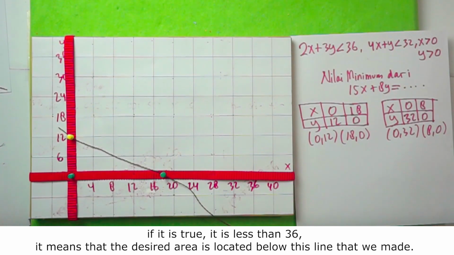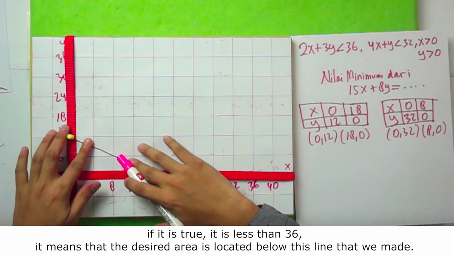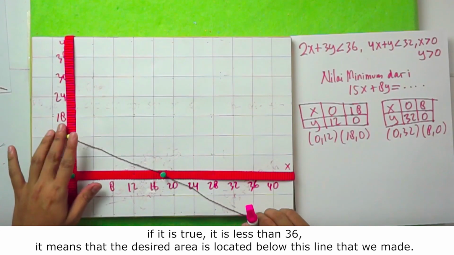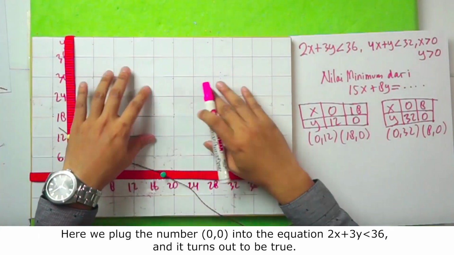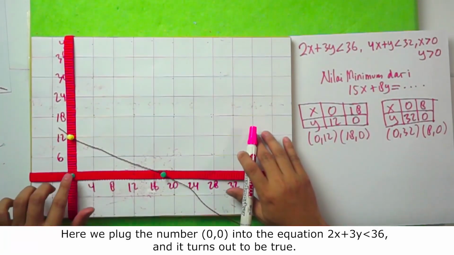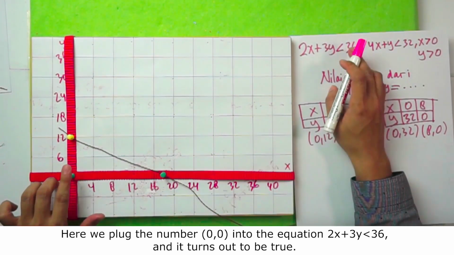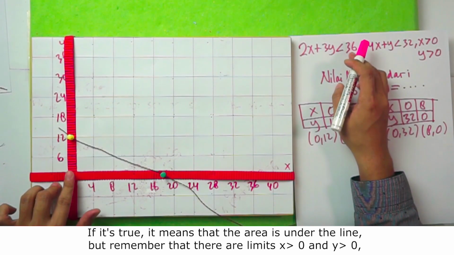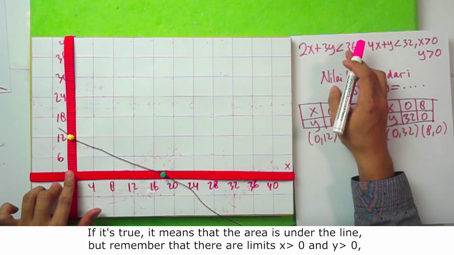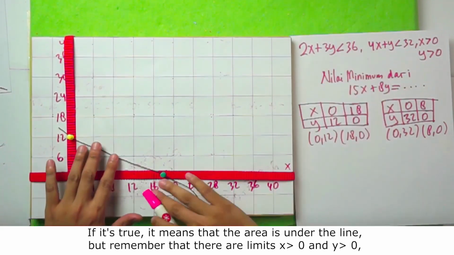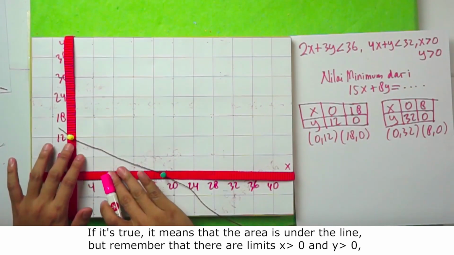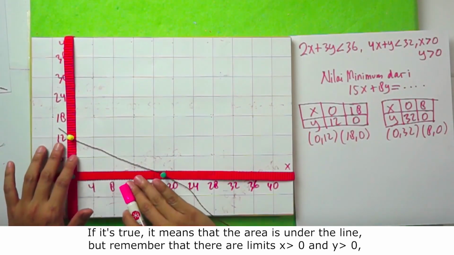If it is true, it means that the desired area is located below this line that we made. Here we plug the numbers 0, 0 into the inequality 2x plus 3y less than 36, and it turns out to be true. If it's true, it means that the area is under the line. But remember that there are limits: x more than 0 and y more than 0.